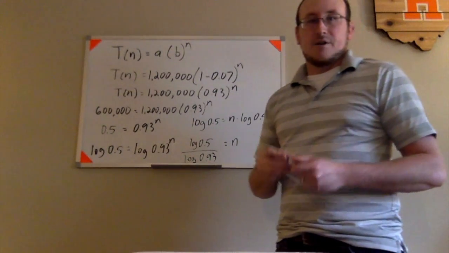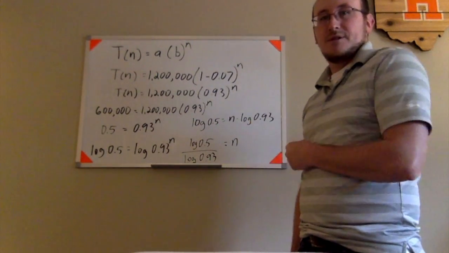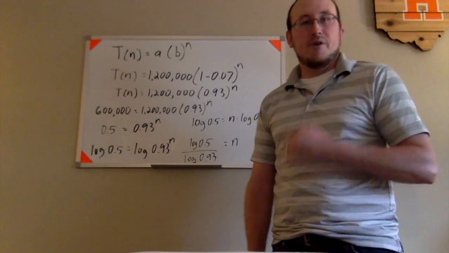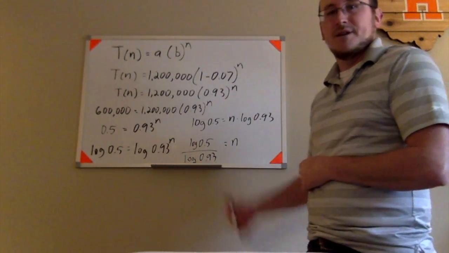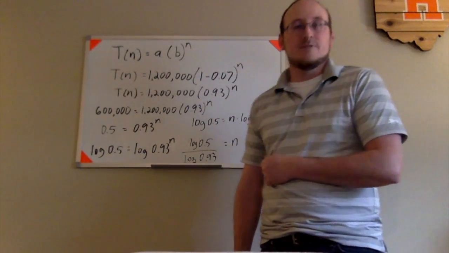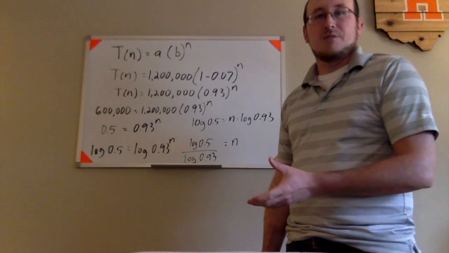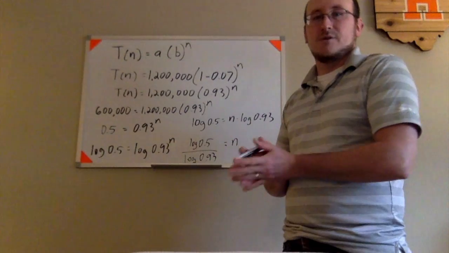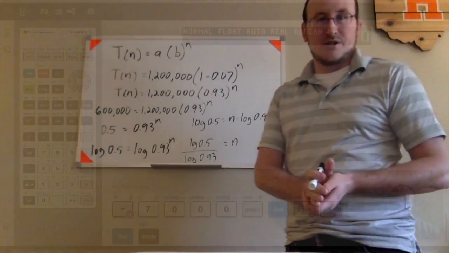At this point, I need to go to my calculator to compute this. This problem is asking me to predict a number of years rounded to the nearest hundredth of a year, so that's 2 decimal places. I'm going to compute this division of logarithms and round to 2 decimal places, so I can know approximately how many years it will take this population of trees to go from 1,200,000 down to half, which was 600,000.